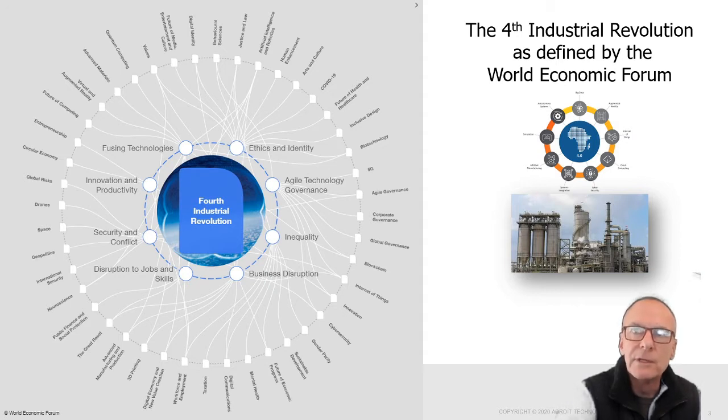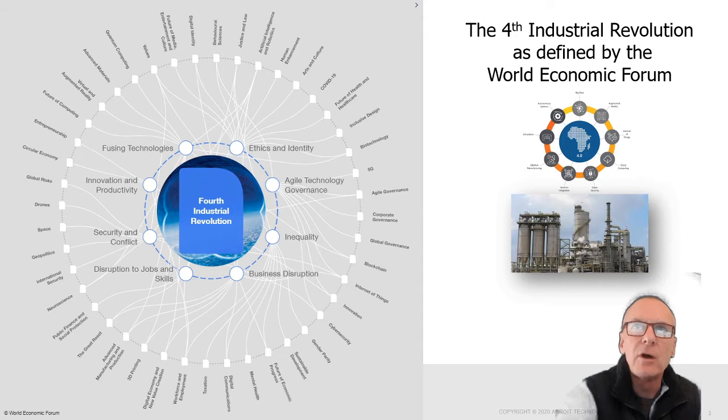So how to deal with disruption to jobs, security and conflict, agile technology, governance, ethics, fusing technologies, inequality. So how can this concept of the fourth industrial revolution support betterment for the world in all of those things?